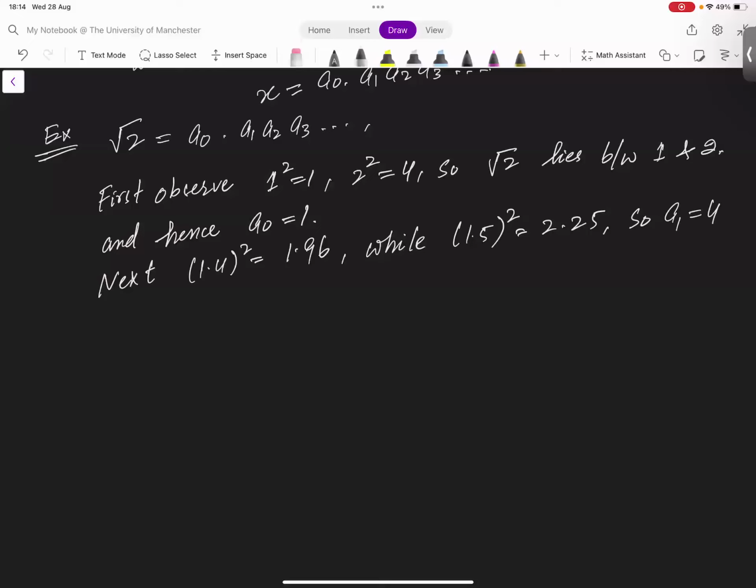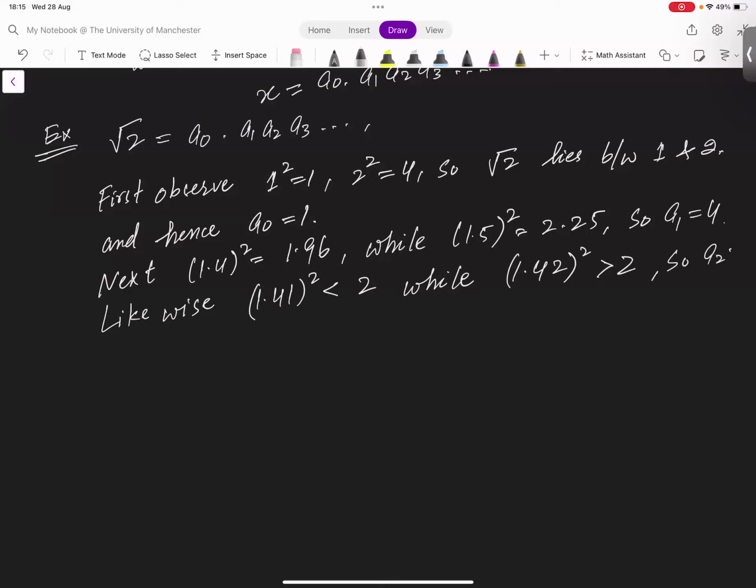Likewise, 1.41 squared is less than 2, while 1.42 squared is greater than 2.